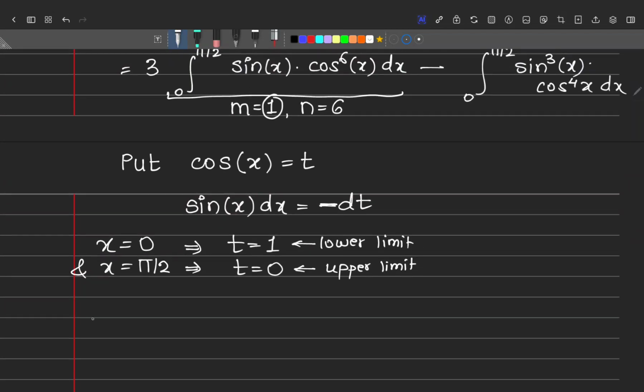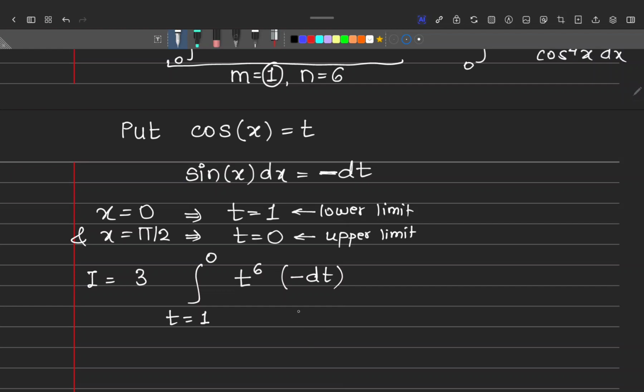Therefore the value of integration will be 3 times integration, lower limit is 1, upper limit is 0. So cos raised to 6 will be t raised to 6, and sin x dx will be minus dt. So this minus sign will change the order of integration.